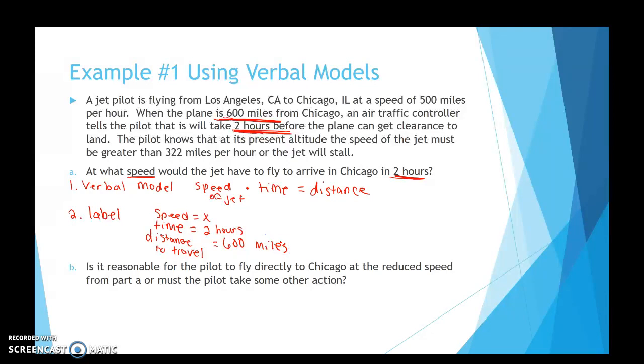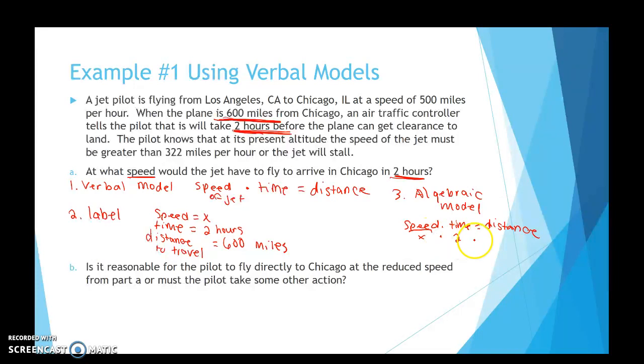Given our time and our distance, we can find our speed. So our algebraic model, that would be our third step. I'll write that over here. Our algebraic model is going to be the speed times the time equals the distance. Speed, we don't know, that's x. Time is 2.